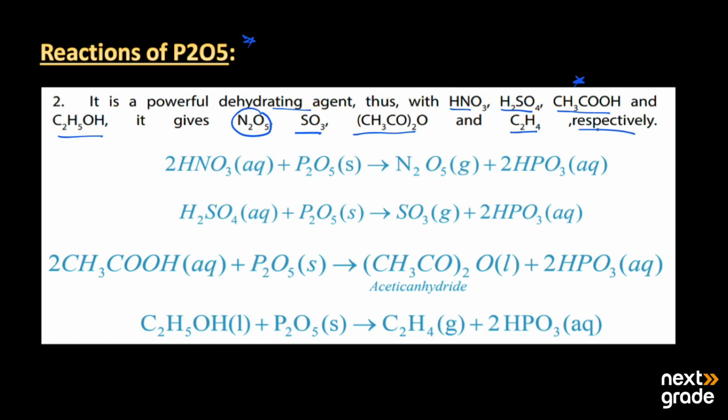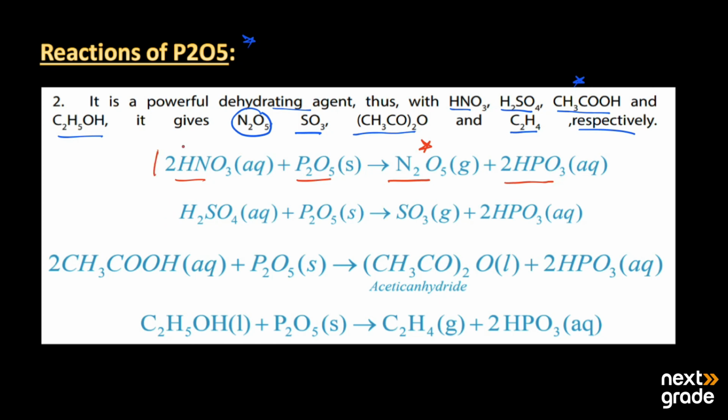Let's have a look. Here we have nitric acid and phosphorus pentoxide. While reacting, it produces N2O5, dinitrogen pentaoxide, the oxide of nitrogen, along with metaphosphoric acid, HPO3.